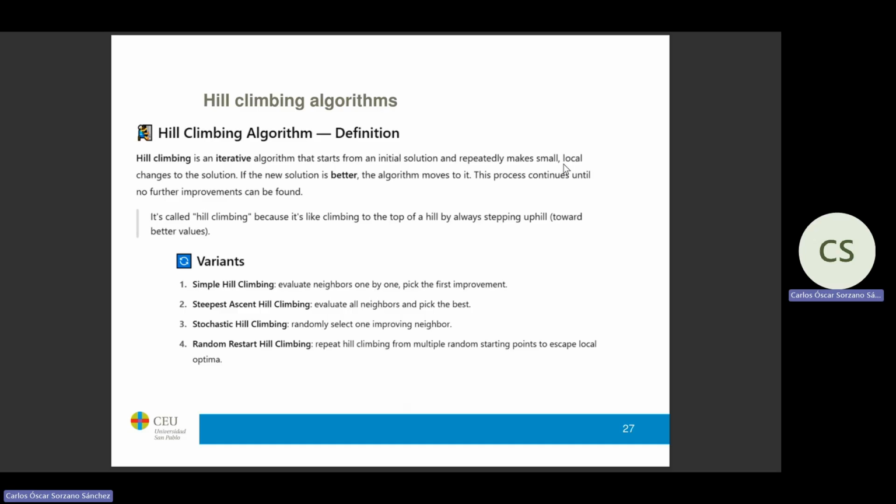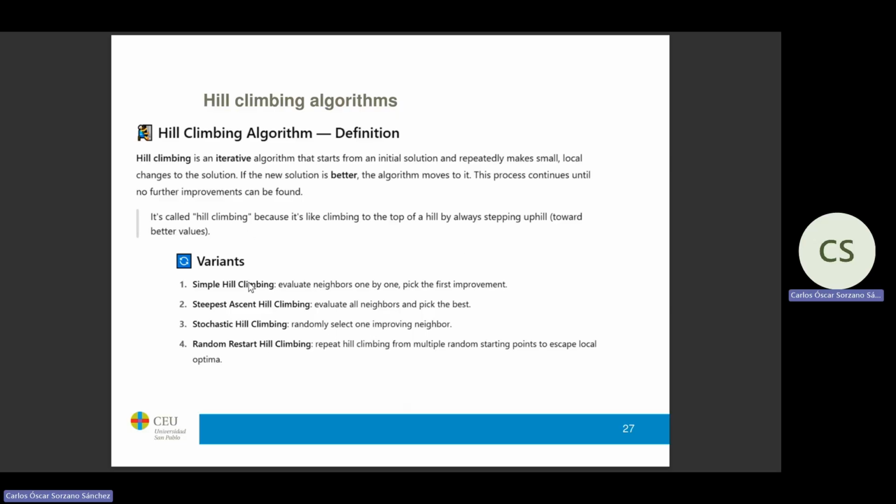If the new solution is better, then you take it and you iterate until there is no further improvement. It is called hill climbing because it seems as if you are taking better and better solutions all the time, like stepping uphill. So it is like climbing a mountain.